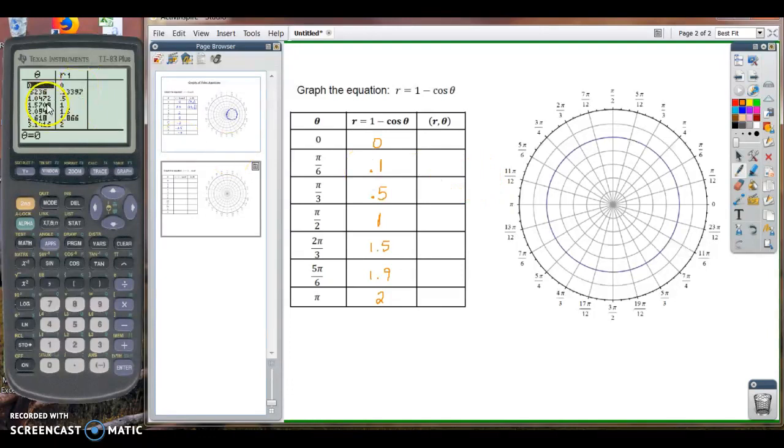Just a quick backtrack here. Remember that when we set up our table, we went up in increments of pi over 6. That's how I know that these decimals match up with my values here. And you could always test it out. If you go down to the fourth one, 1.57, take pi, 3.14, and divide that by 2, that'll give you 1.57.